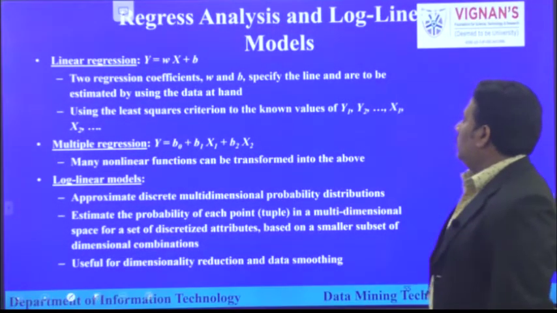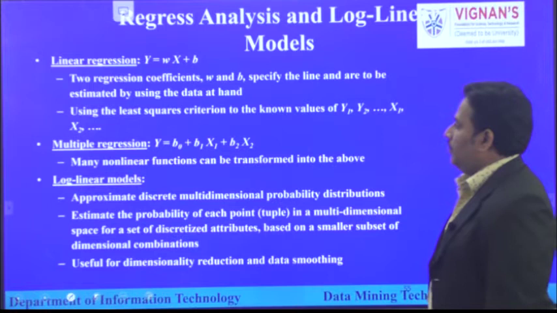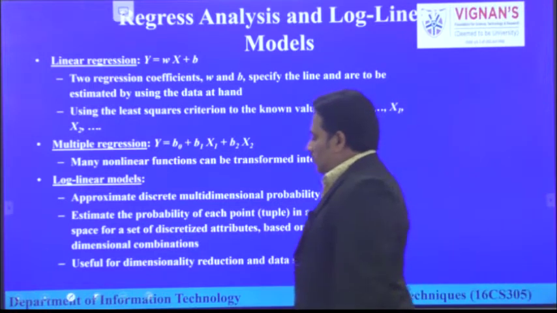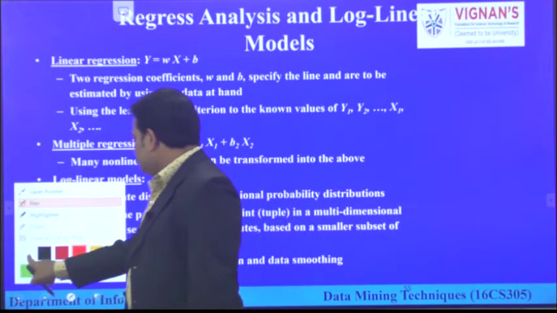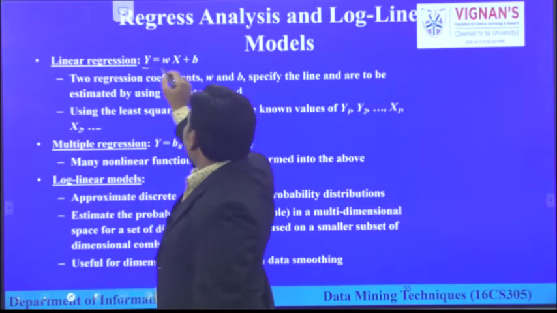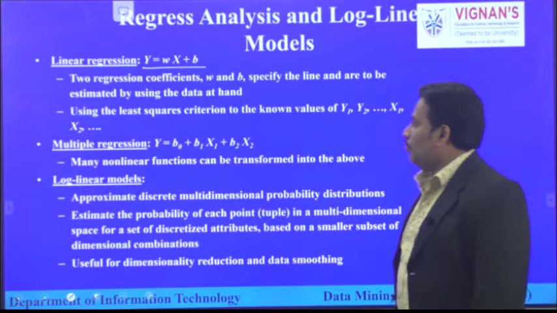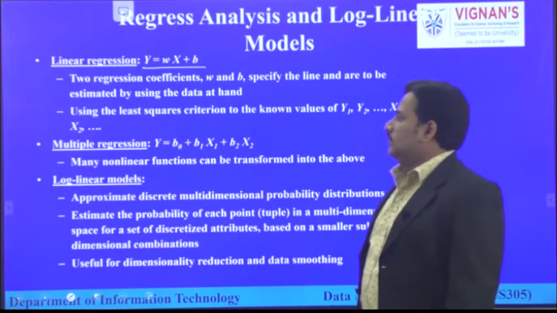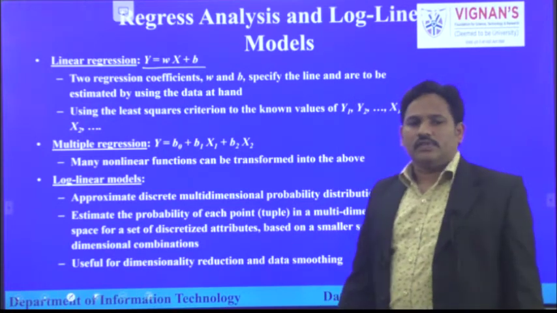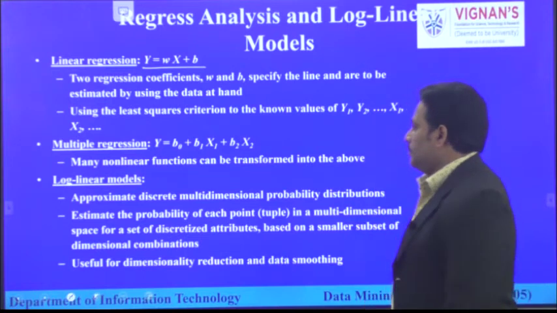Under the log linear method, as we discussed earlier, linear regression is applied by using a straight line equation, that is y equal to wx plus b, or generally y equal to mx plus c in standard mathematical representation.